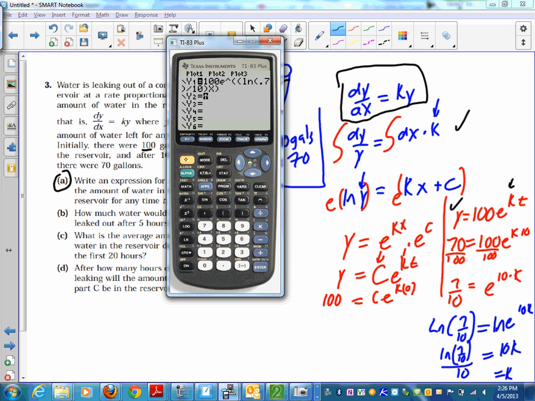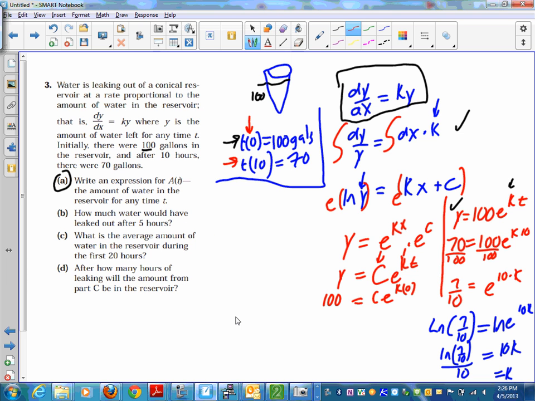So let's go to our table, and at 5 the answer is 83.666. So that's how many gallons are left. So y at 5 is equal to 83.666. I bet it rounds up to 67.